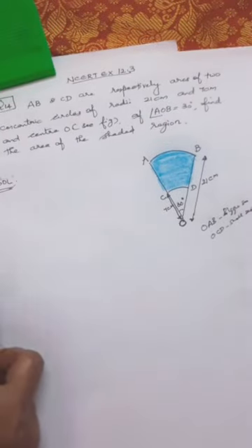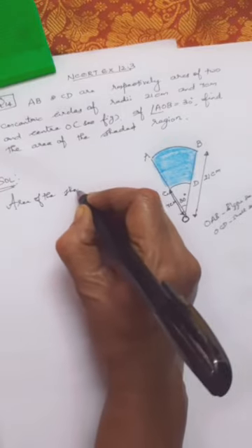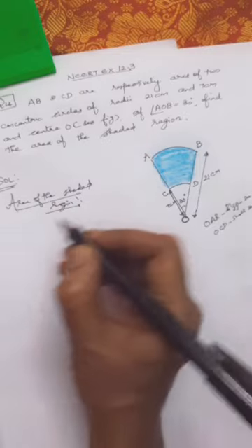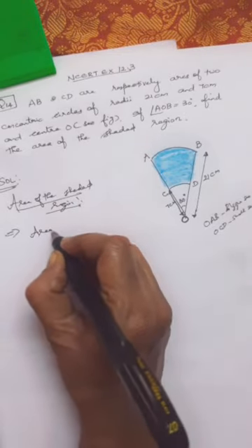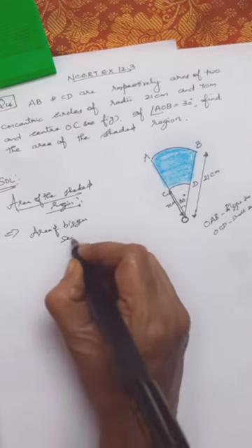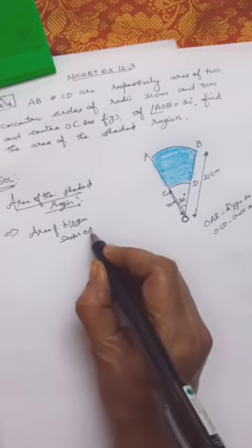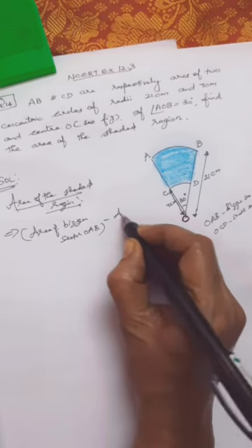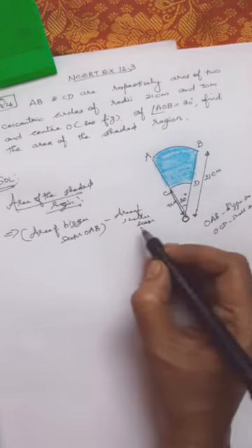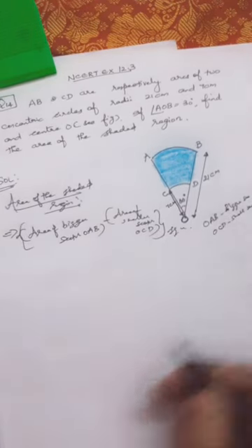Okay, now let us begin with the solution. Area of the shaded region is area of bigger sector OAB minus area of smaller sector OCD square units.